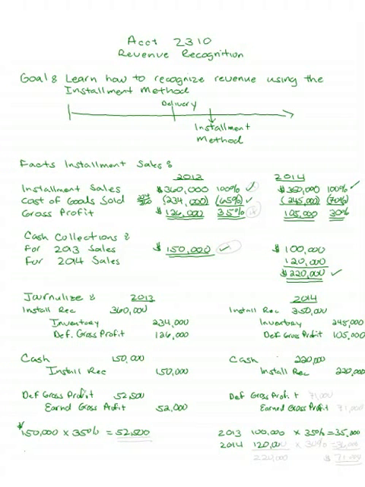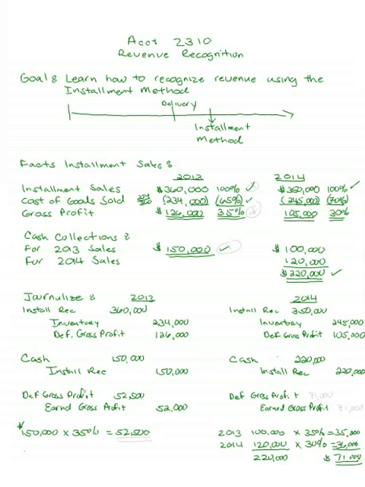So there's our $220,000 in cash collection, some for each year. And you'll recall that our gross profit rate for 2014 was 30%. 30% of $120,000 is $36,000. Add those two together and they equal $71,000.